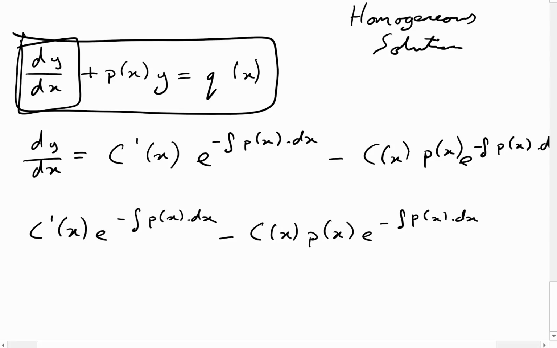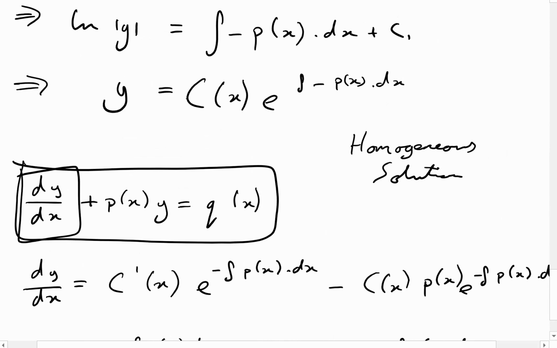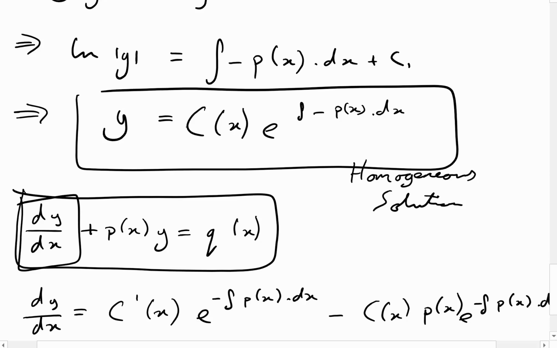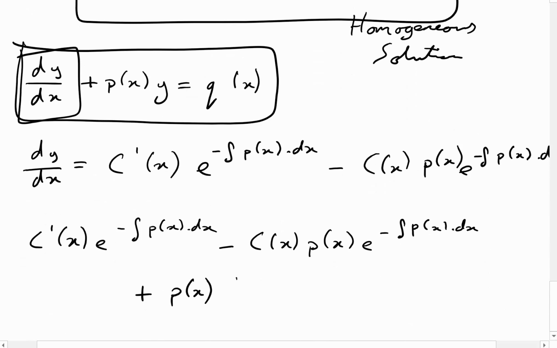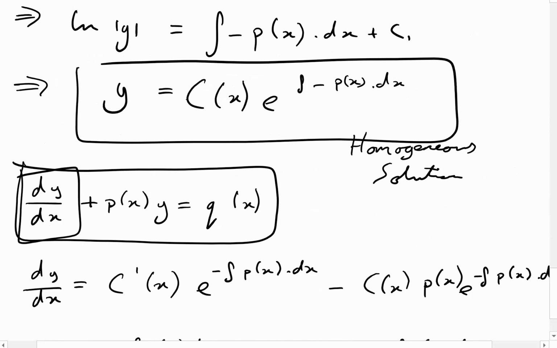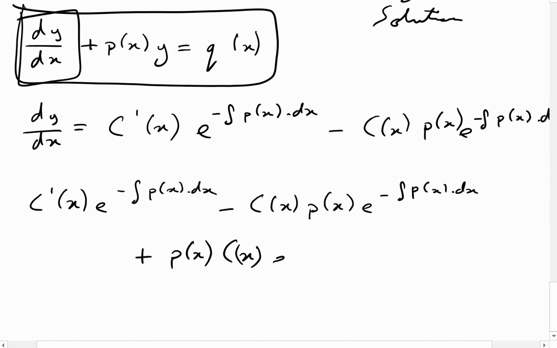So I need to plus p of x times y, which remember y was this thing here, so c of x e to the minus integral p of x dx, and that is all equal to q of x.